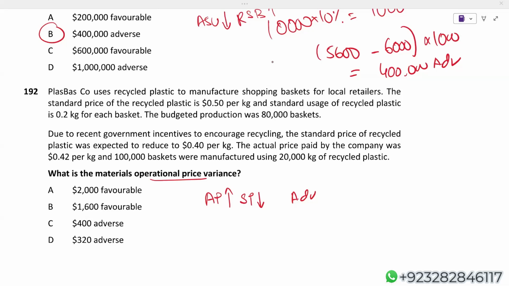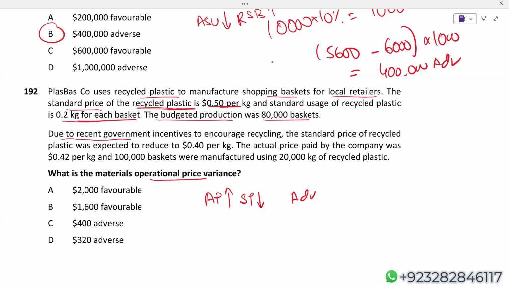PBS company uses recycled plastic to manufacture shopping baskets for local retailers. The standard price of the recycled plastic is 0.5 per kg, and the standard usage is 0.2 kg for each basket. The budgeted production was 80,000 baskets.